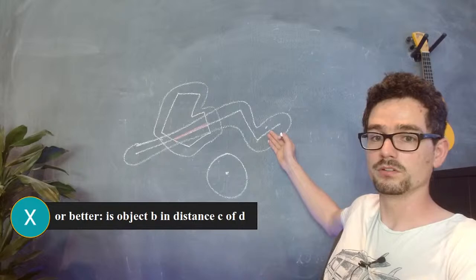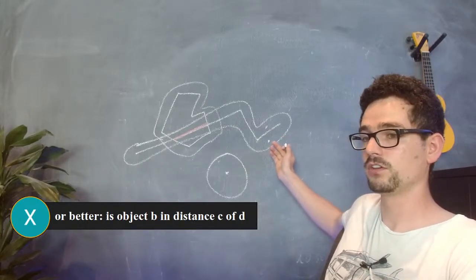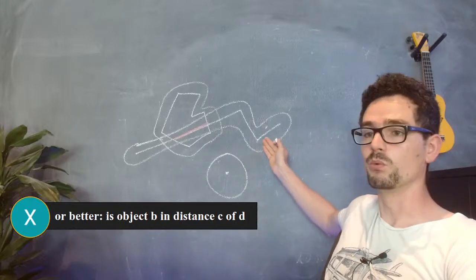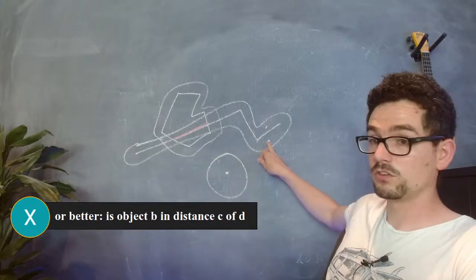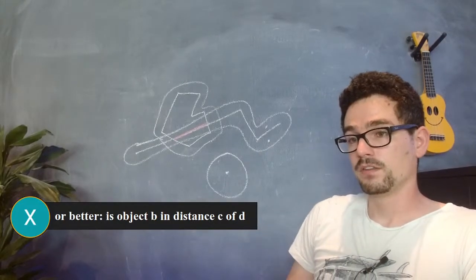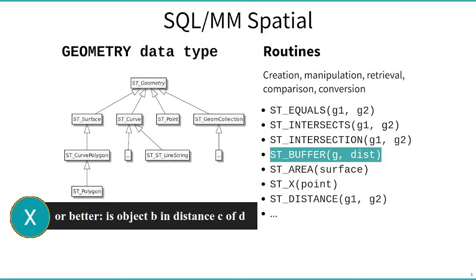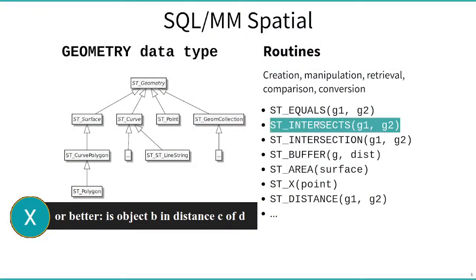This would be possible with the intersects function, but usually you use within. So is this point within this area, yes or no? So intersects is very generic.